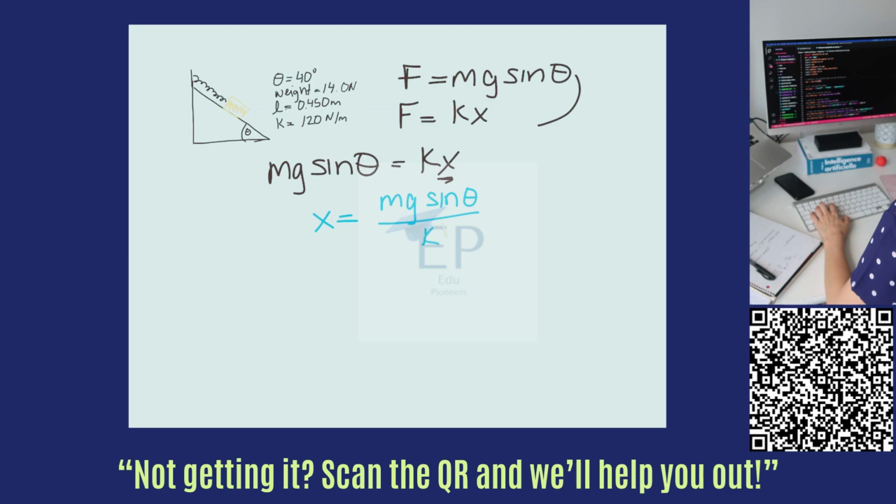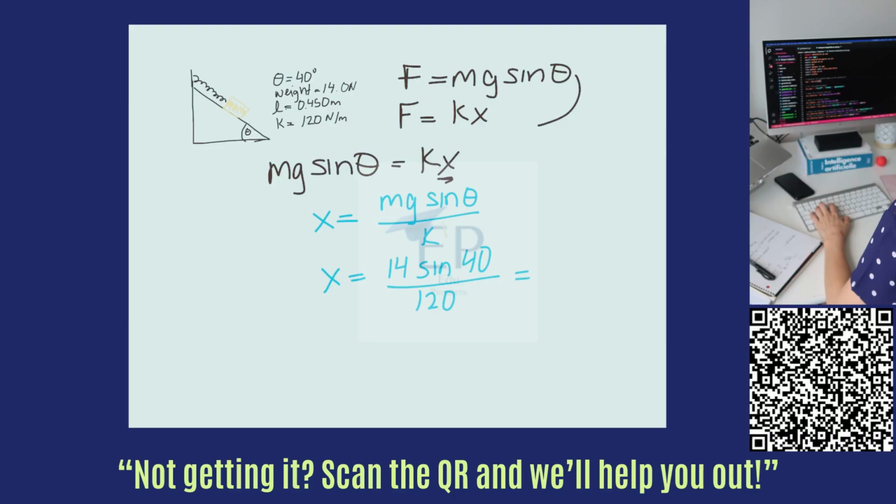And we have these values so we can substitute in, so we actually end up with x equals 14, because mass times gravity is weight, times sine of the angle, which is 40, divided by the 120 newtons per meter, which is our spring constant.